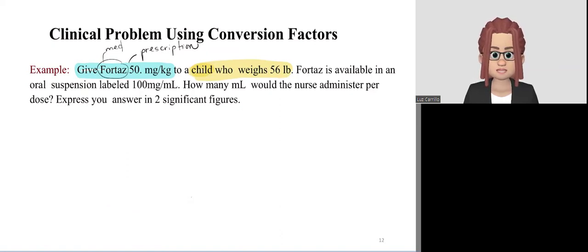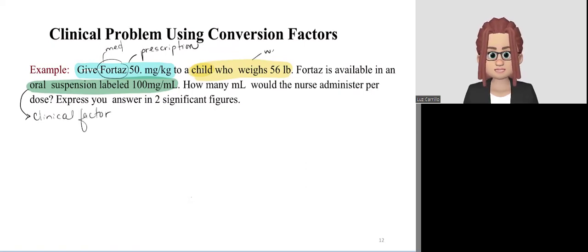Specifically, we have it as an oral suspension, meaning that this is a liquid form of medication. And that I highlighted in green is going to be our clinical factor. Let me finish labeling. This is our clinical factor. This is just the weight of our patient.